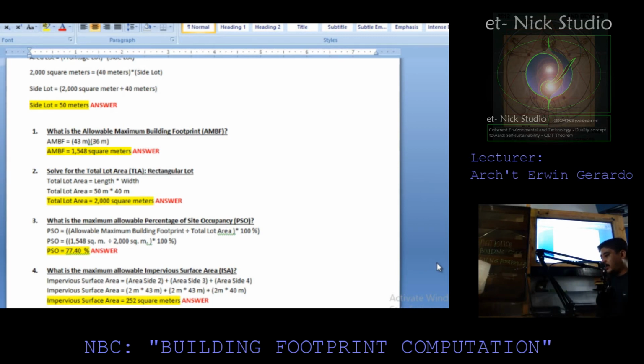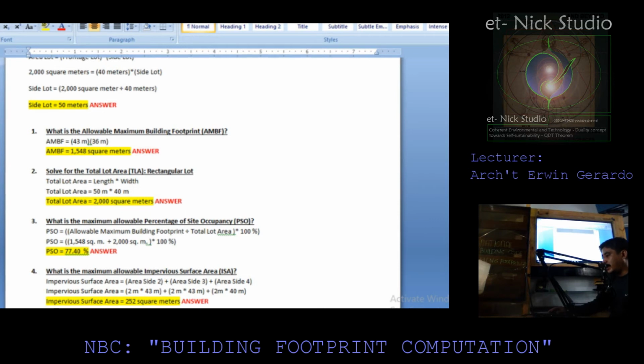Number 4 is, what is the maximum allowable impervious surface area? So impervious surface area is equivalent to area of the side number 2 plus the area of side number 3 plus the area of side number 4. So 2 meters times 43 meters.